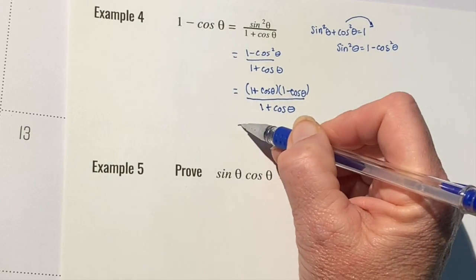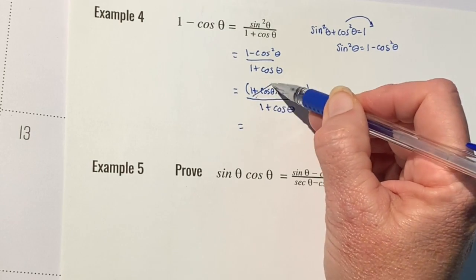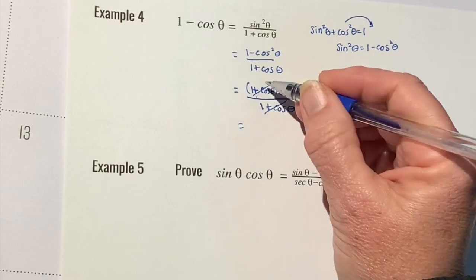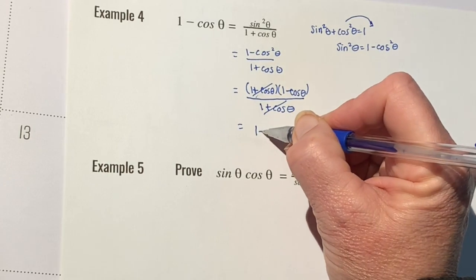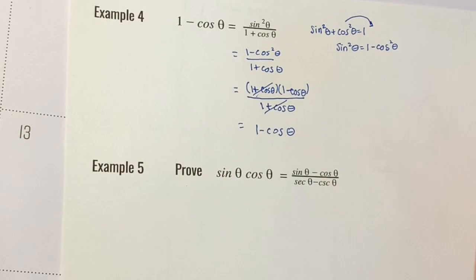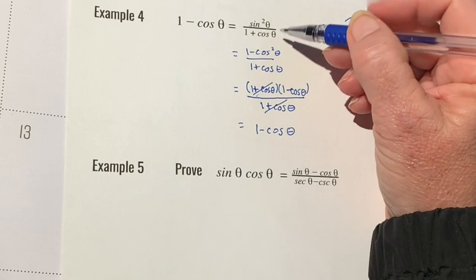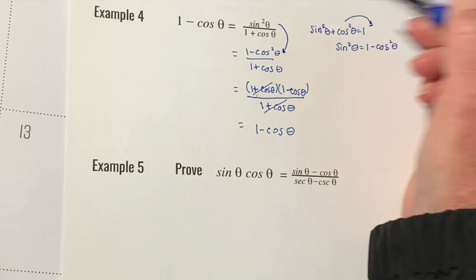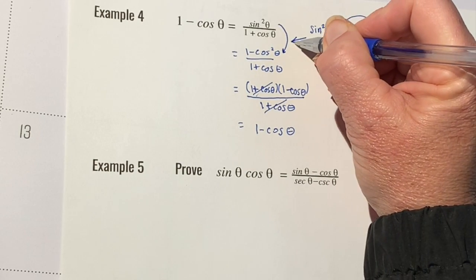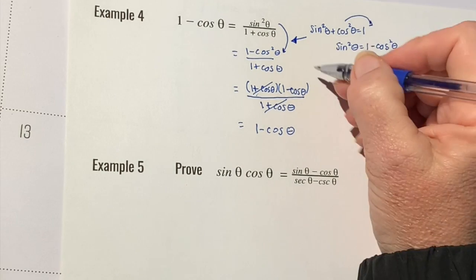If you look at the next step, the 1 plus cosines divide out. Common factors divide out, anything over itself is 1, and I'm left with 1 minus cosine theta. Looking at what I'm trying to get to, 1 minus cosine theta, I'm done. So just to go back and justify: this step was just substituting a Pythagorean identity.